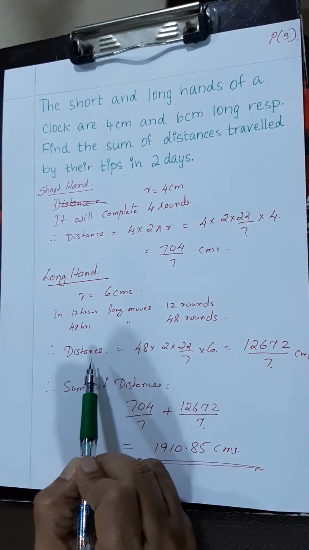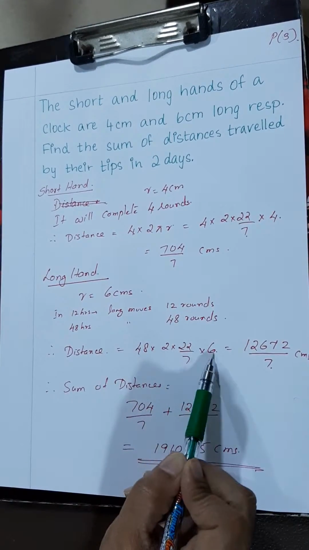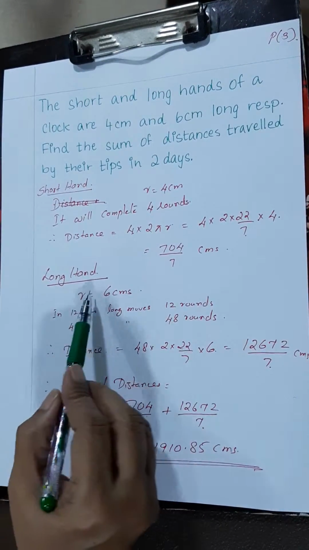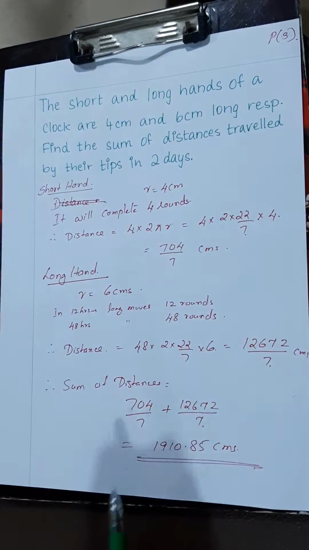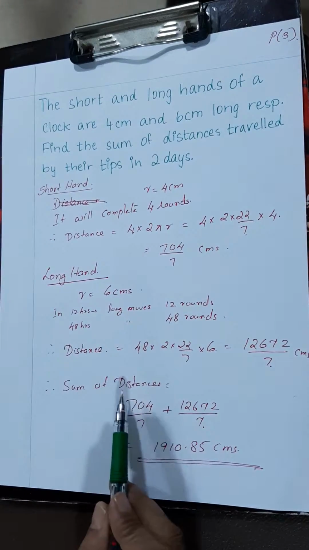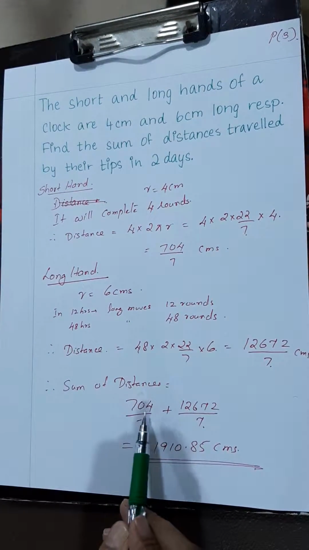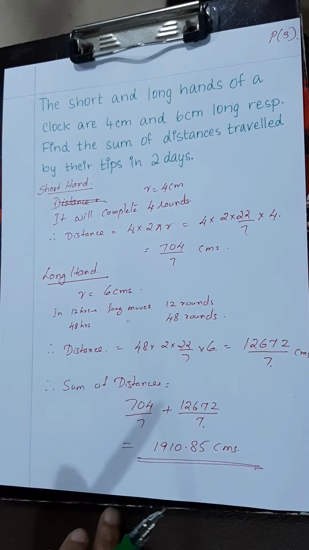Now you have to find the distance. Again, 48 into the circumference, 2 pi r, and r is 6 centimeters because the long hand is 6 centimeters. You get this answer, and adding the sum of the distances, you get 1910.85 centimeters.